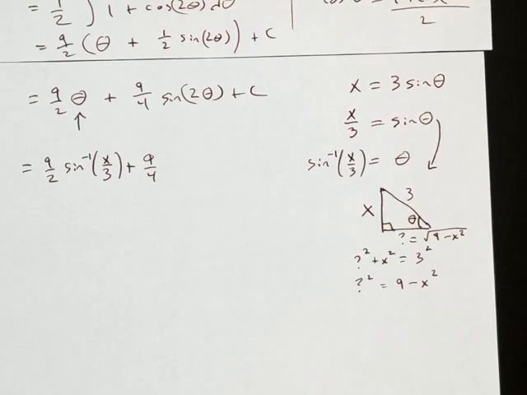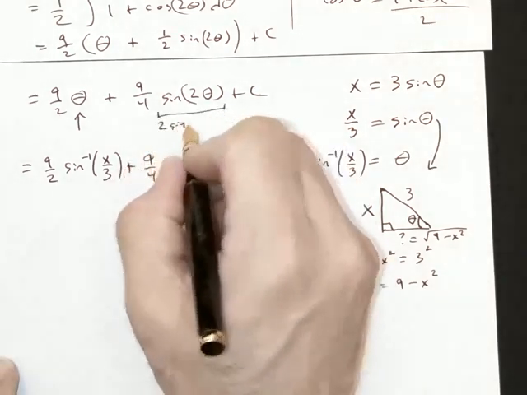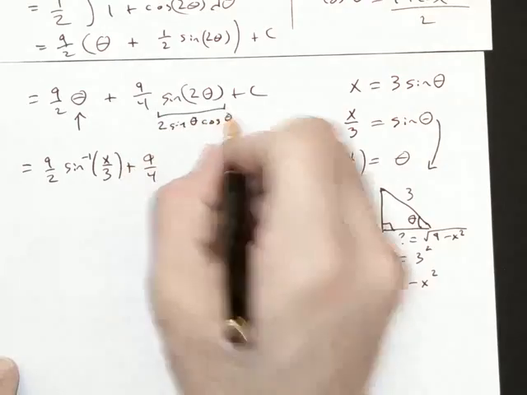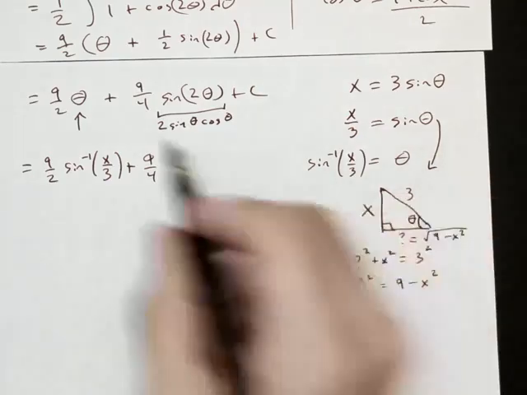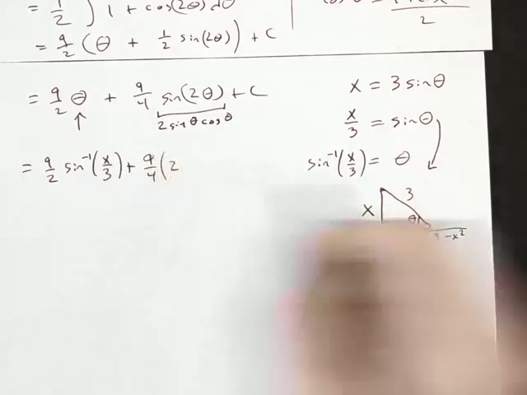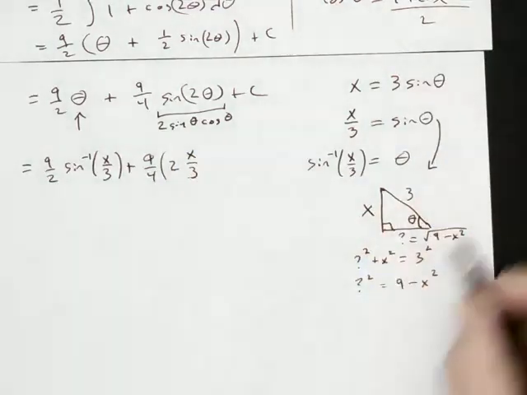2 sine theta cosine theta. I have a right triangle. I know what sine of theta is. From my right triangle, I know what cosine of theta is. Based on this right triangle, 2 sine theta.